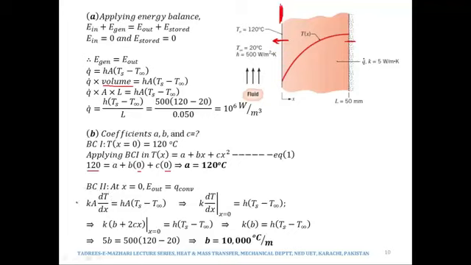Meaning kA dT by dx at x equal to 0 will be equal to hA delta T. What is kA dT by dx? It is the energy conducted. And when we say dT by dx at x equal to 0, it means the energy conducted till this point, till this face, till this surface.